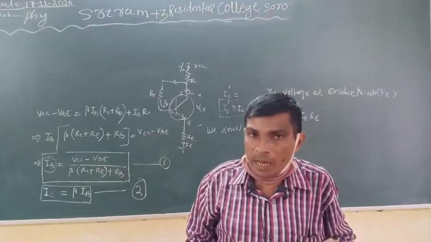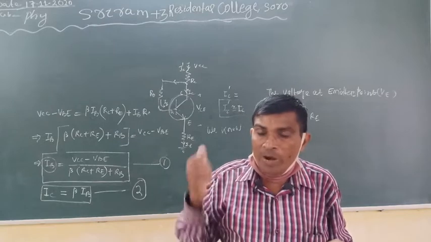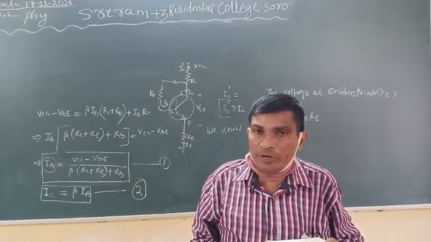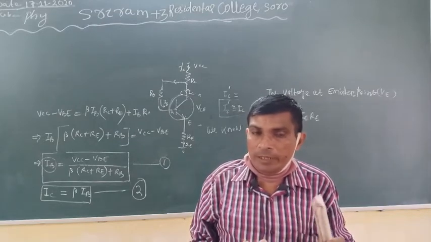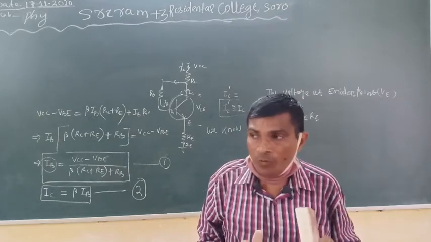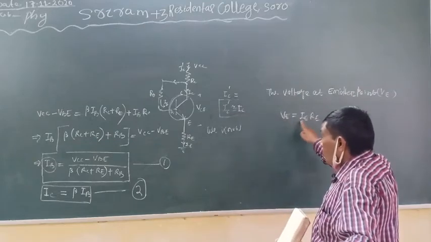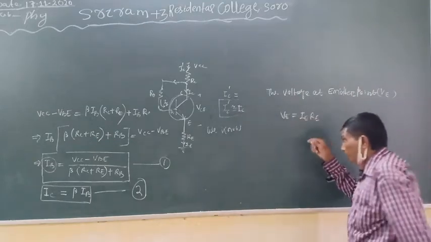Now in the emitter terminal, the resistor drops voltage due to the passing of the emitter current. This voltage drop is known as the emitter voltage, that is VE equal to IE RE.